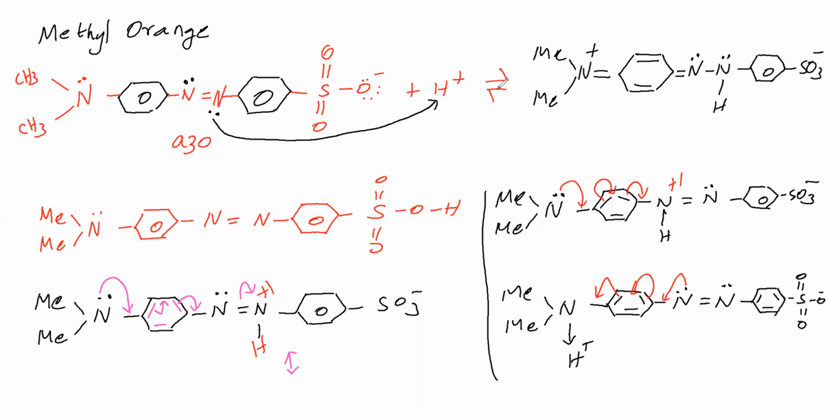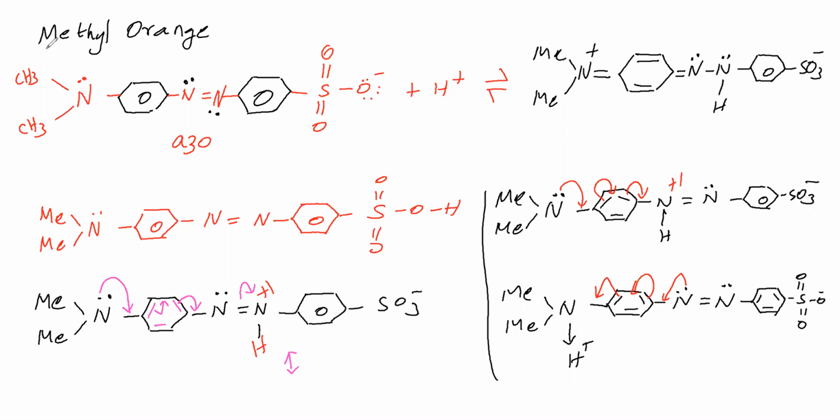Therefore, in methyl orange, this equilibrium is possible. Okay, so in methyl orange, what is the possibility we said? In methyl orange, which is the ionized species and which is the unionized species, we'll see.